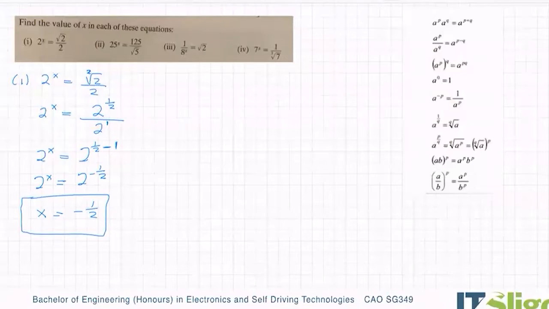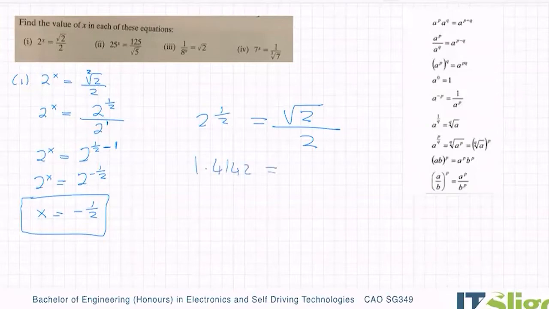Now to convince yourself that's right, put into the calculator 2 to the power of a half, that's the left-hand side, and then put into the calculator root 2 over 2. Separately do that. 2 to the power of a half is 1.4142, and so on.